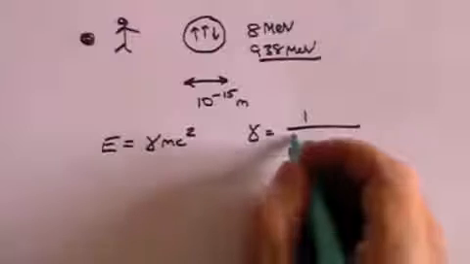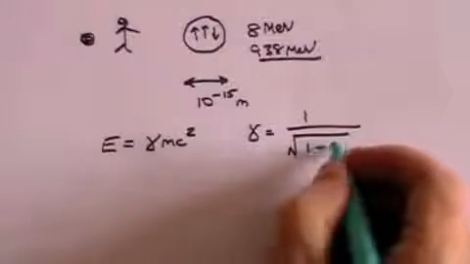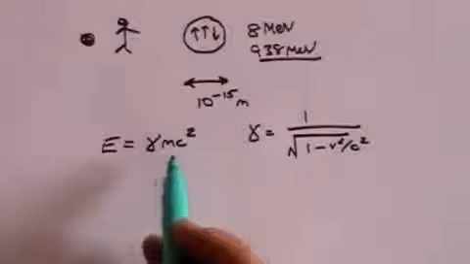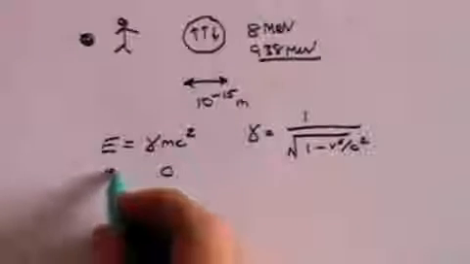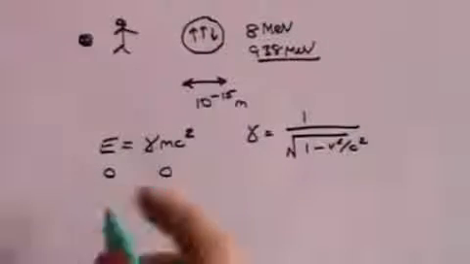It's 1 divided by the square root of 1 minus v squared over c squared, where v is the velocity of the observer. Now what this suggests is that when m is 0, the energy would be 0. And for a photon, for example, which is massless, you would expect all photons to have 0 energy. But we know that photons have energy.